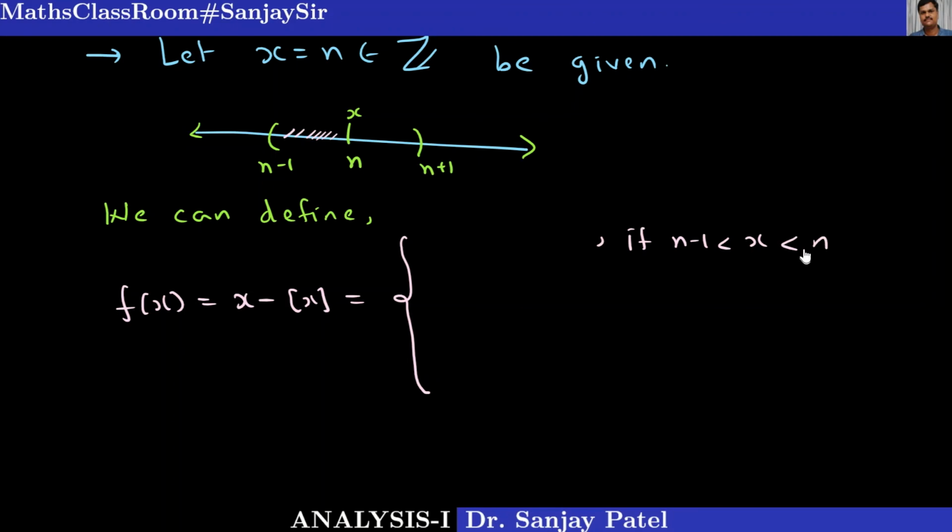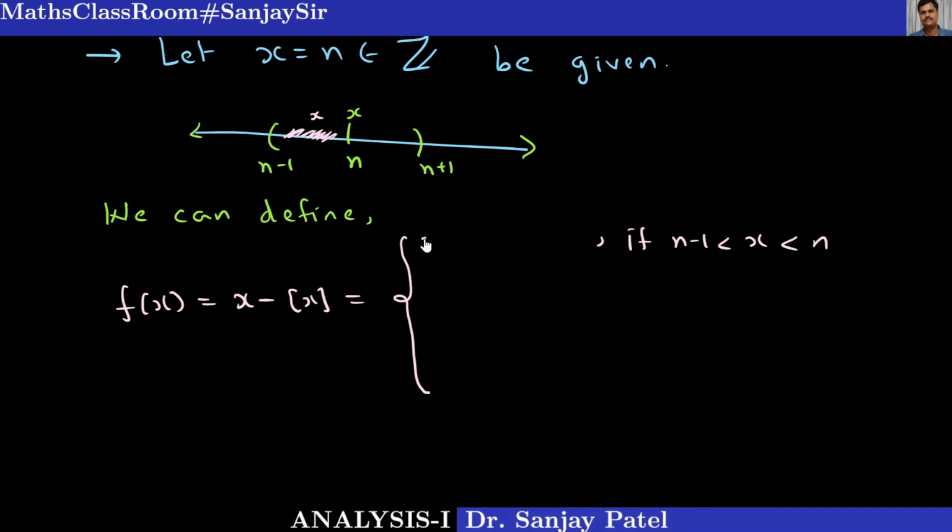Then what can you say about this value? x is any point between n minus 1 and n, but we can have the value of the bracket x. For any x between n minus 1 and n, the value of bracket x is n minus 1, the largest integer which is not greater than x.